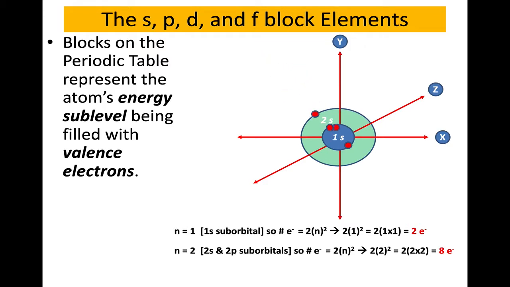S can only hold 2, but I still have up to 6 more. That's when they go on these little dumbbell shapes, or lobes. 2px in one direction, 2px in the other direction. So that lobe can take 1 electron. There's 5, there's 6. I can go in the y direction.